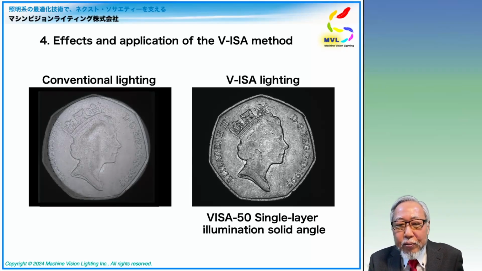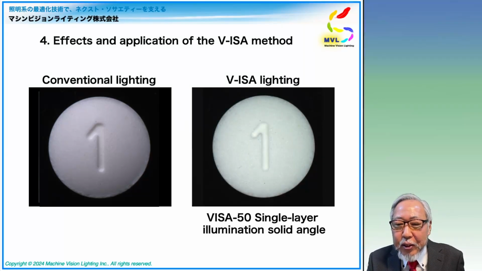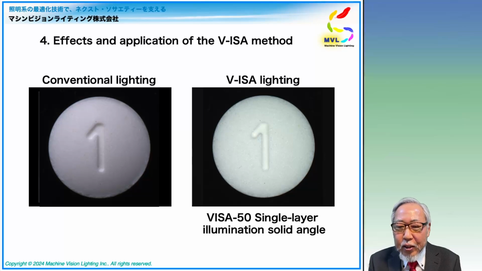This is a tablet that is quite difficult to inspect. But when you take a picture of it with Visa lighting, you get an extremely uniform quantitative image. So the bulges and the dent in the number 1 are properly reflected in this image.